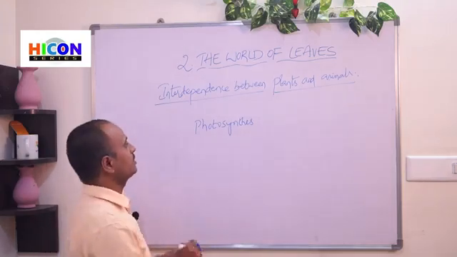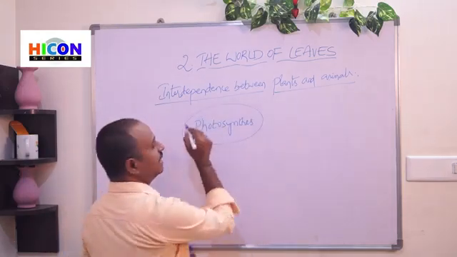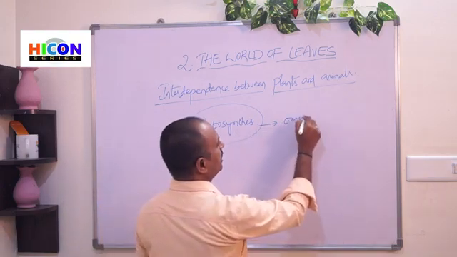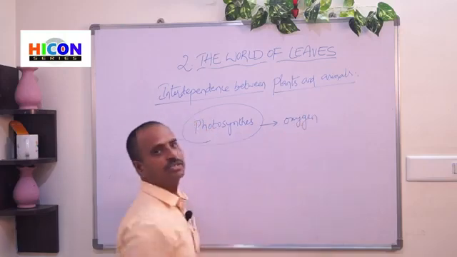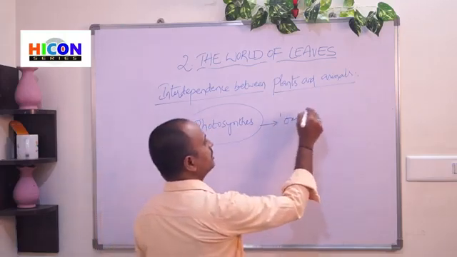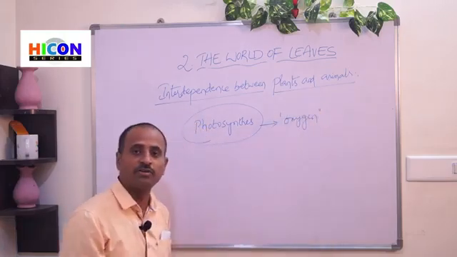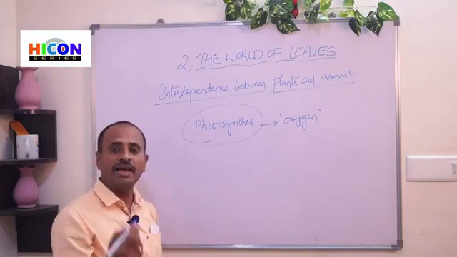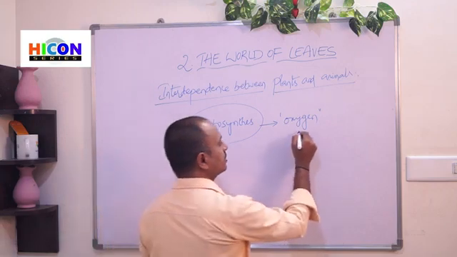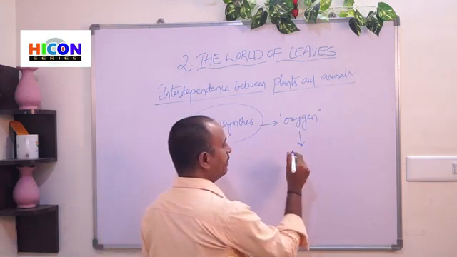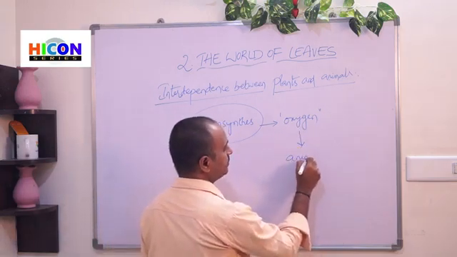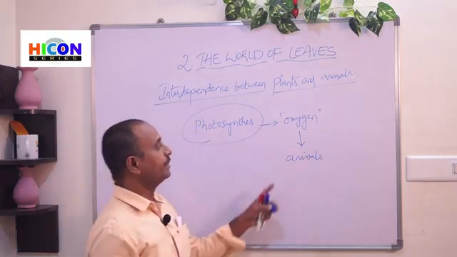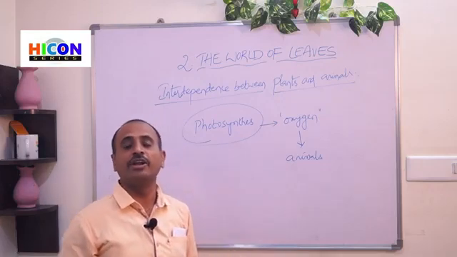And during photosynthesis, the leaves give out oxygen into the atmosphere. This oxygen is very helpful to all living beings, that means all plants, animals and human beings. This oxygen is taken by the animals. The animals breathe in this oxygen and they are able to survive.